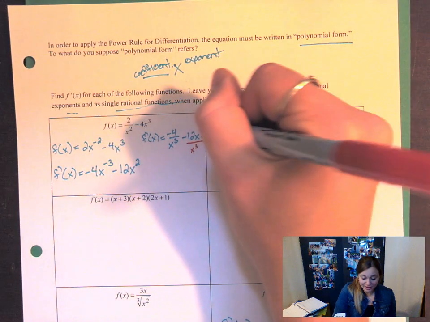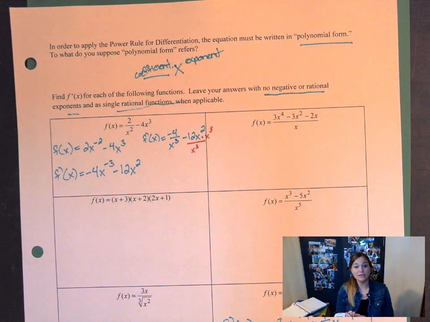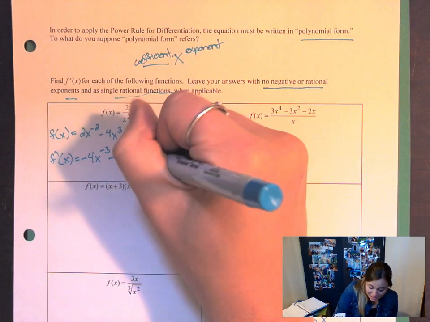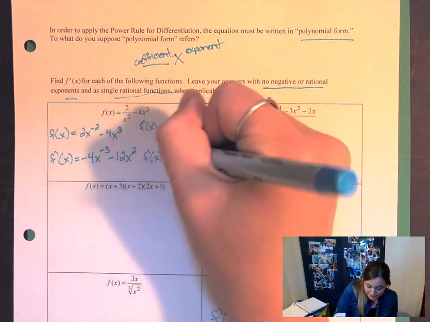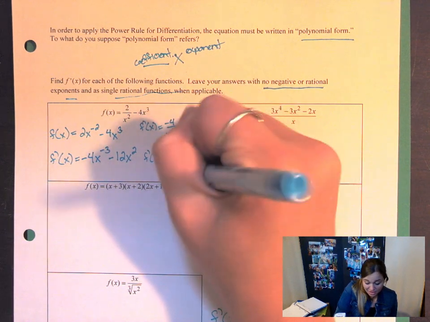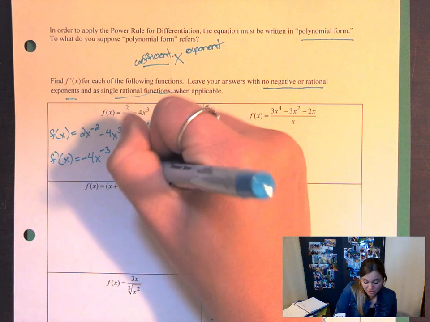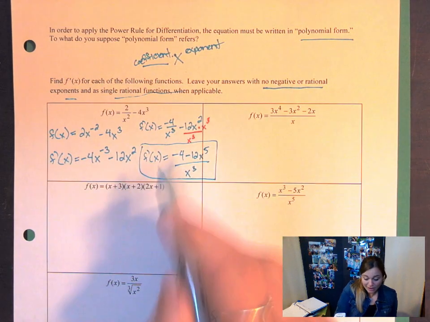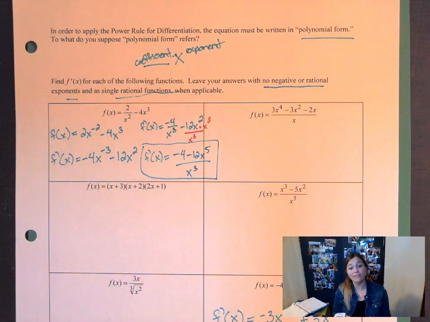I need to multiply by some weird form of 1. So x to the third over x to the third. Now I can say that f prime of x is equal to negative 4 minus 12x to the fifth over x to the third. And then this is your final answer. If you left it like this one without the red, totally fine. And if that's where you're at right now, do that.